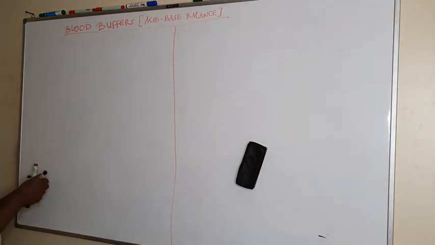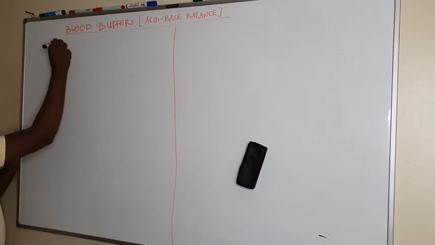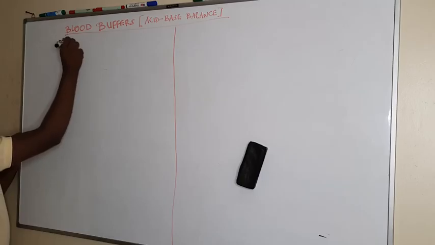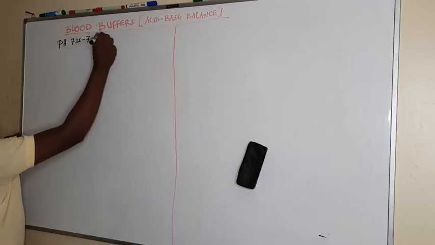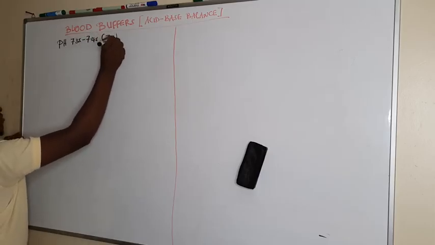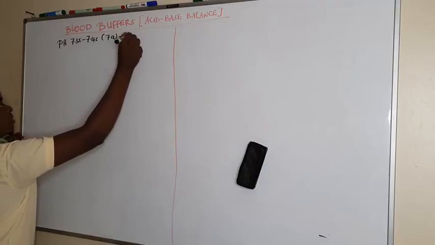To begin with, the pH of the body. The pH of the body is always between 7.35 and 7.45, with an average of 7.4. This is for arterial blood.